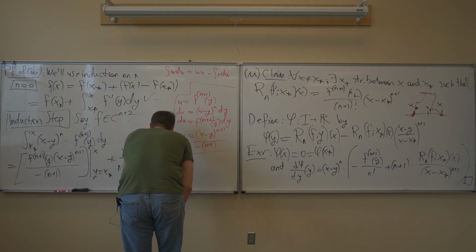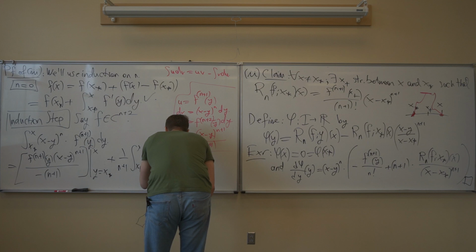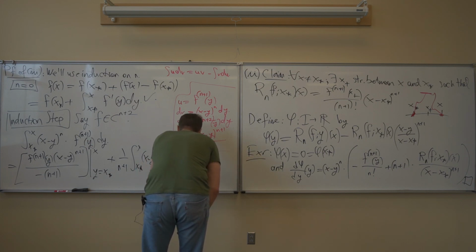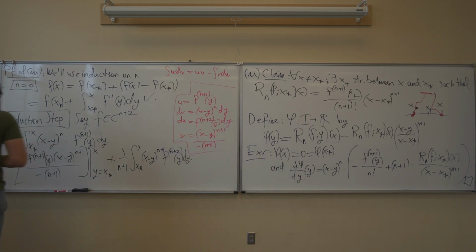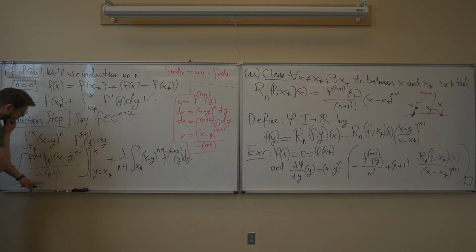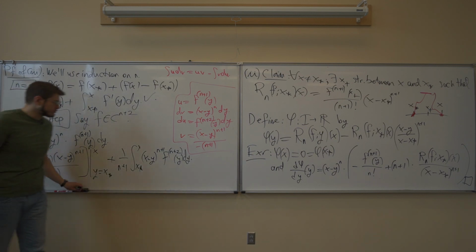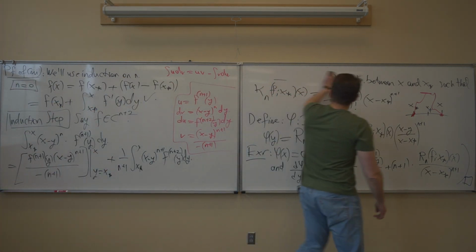Okay. Now you see this is nice because if I plug in y equals x, this is 0, so this part is going to vanish, which means that I'm only going to have one term coming from this. Let me continue from here.